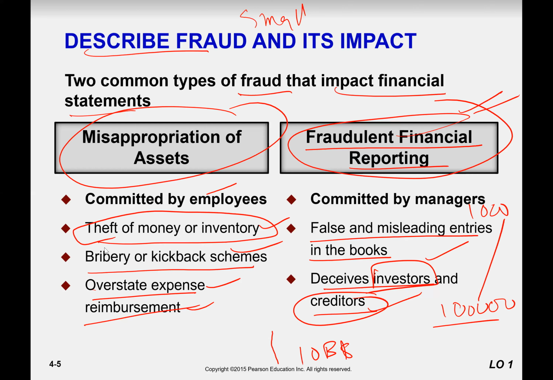And here, at maximum you can do 10 million, 100 million, 500 million, that's it. An employee can steal some furniture, computers, fixtures like AC, right? Can steal some trucks, cars. But here, the deception is huge.